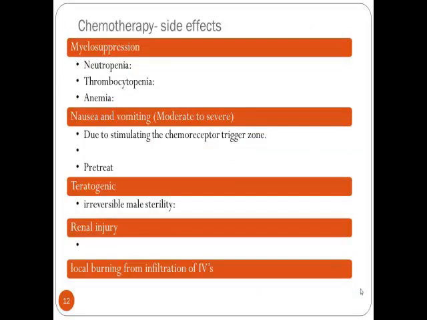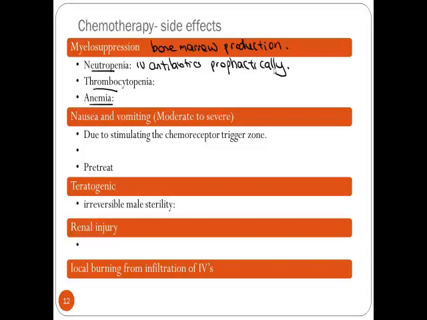Some of the side effects are listed here. So myelosuppression basically means suppression of bone marrow production. And the bone marrow is responsible for producing white blood cells, platelets, and red blood cells, right? So in order to combat these side effects of myelosuppression, a patient may be given IV antibiotics prophylactically, so just as a safeguard to ensure that they don't actually come down with an infection of any sort.